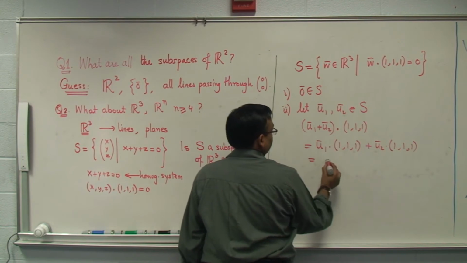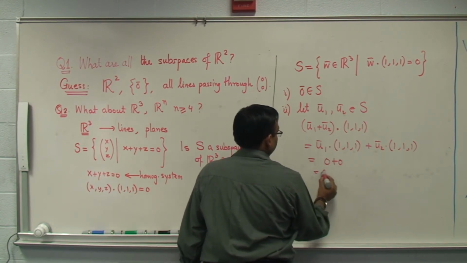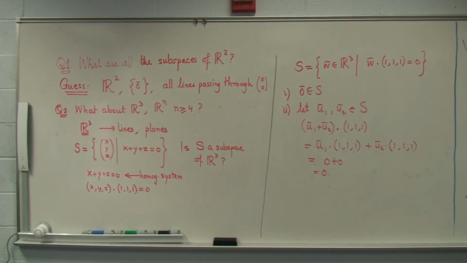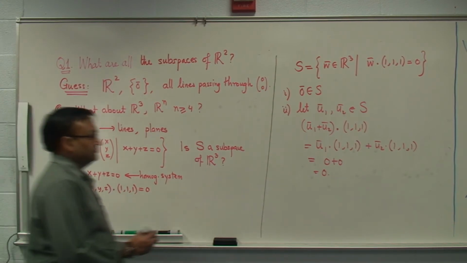Since u1 and u2 are in S, this would be 0. So the sum of those two vectors which are orthogonal to the vector 1, 1, 1 will still be orthogonal to the vector 1, 1, 1, and hence it is closed under addition.